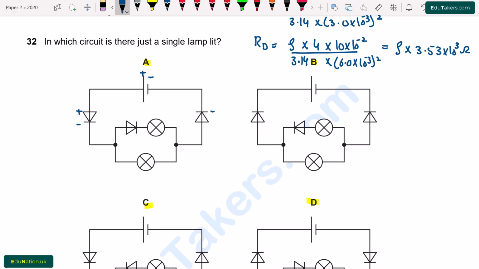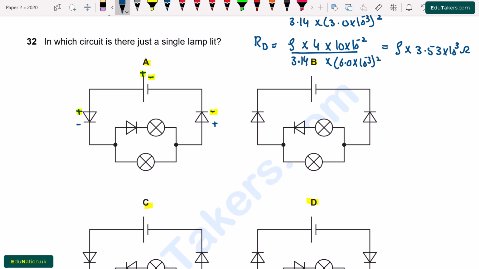Here is again negative and positive. So the positive terminal of the battery is attached with the positive of the diode, while the negative terminal of the battery is attached with the negative of the diode. It means that the current reaches both lamps because all of these diodes are forward bias. So there will be the maximum current and both of these lamps lit.